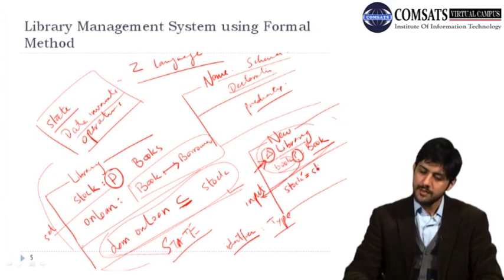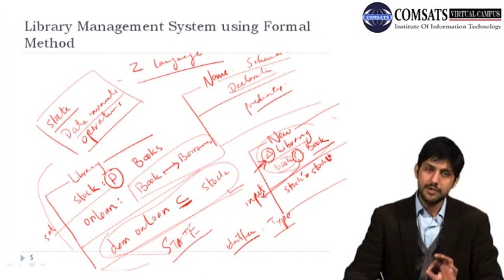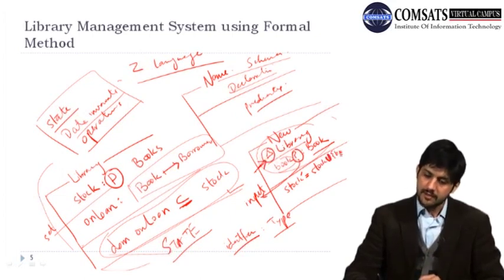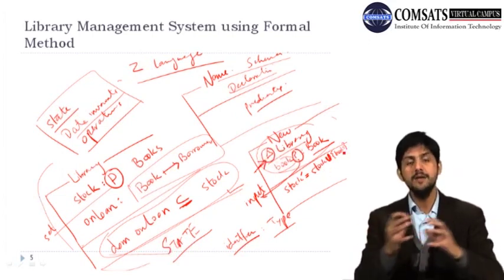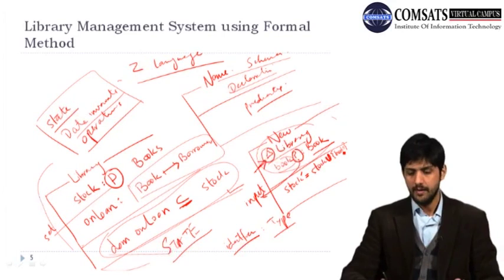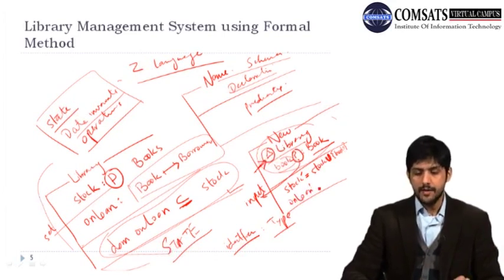And what will be the change? I will increase my stock. So I would have a union operation between my stock set and this new input book. So this book will be added to my stock of books. Whereas my other set, which is on loan, there will not be any change in it.